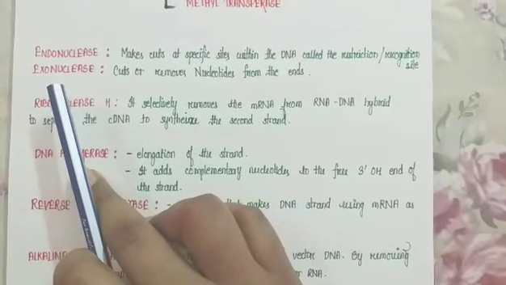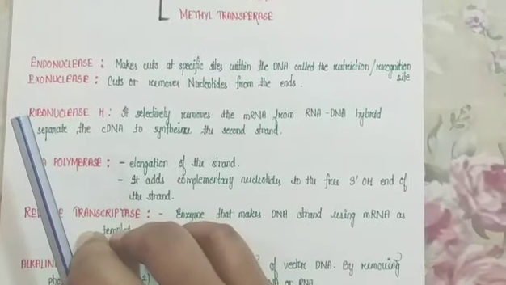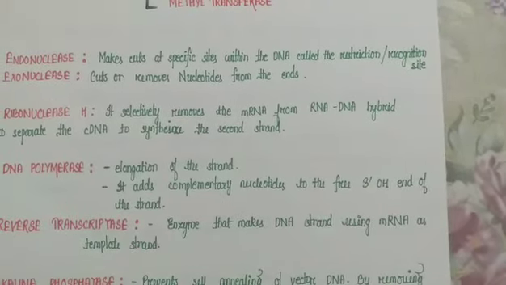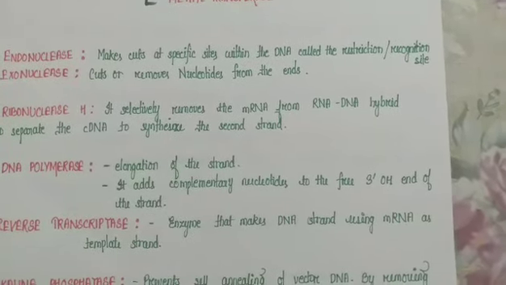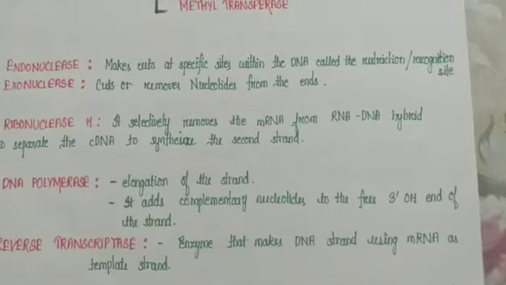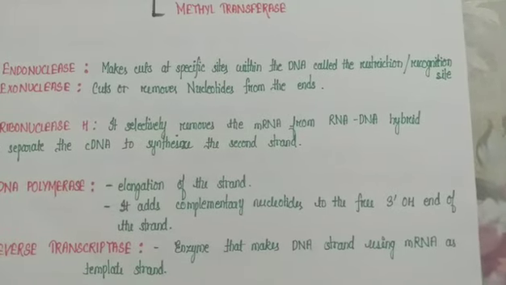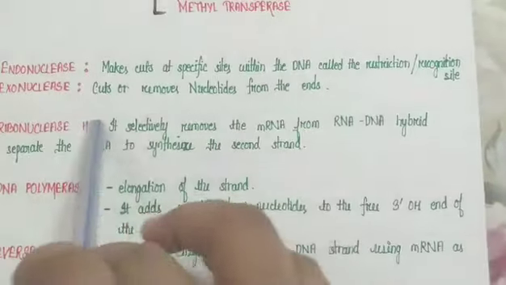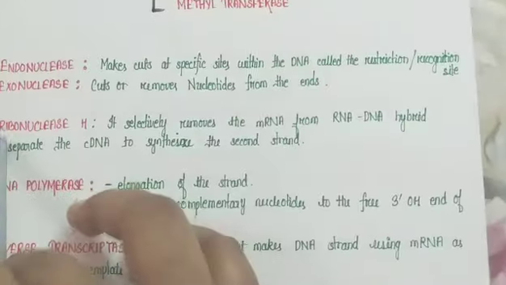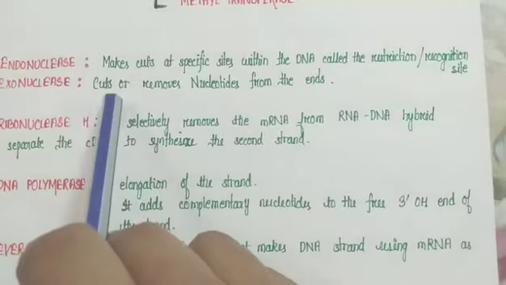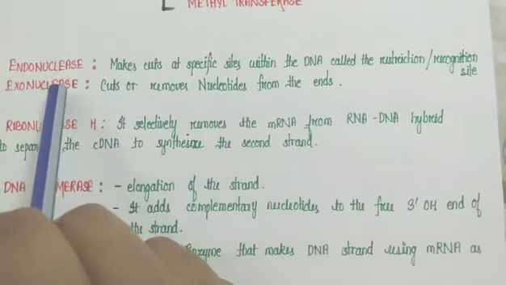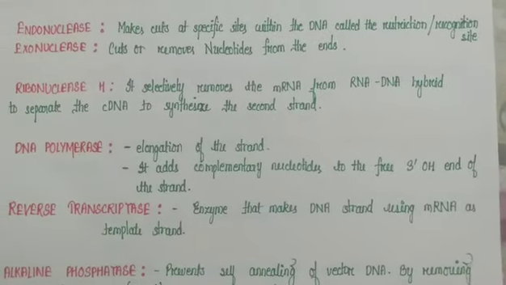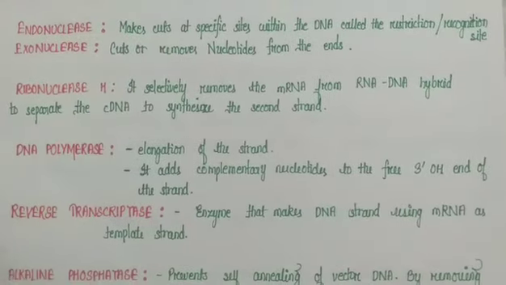If you have to cut the DNA within it, somewhere within the strand, you will cut the DNA with the help of endonucleases. But if you have to cut the DNA from the edges of it, you will make use of restriction exonuclease.